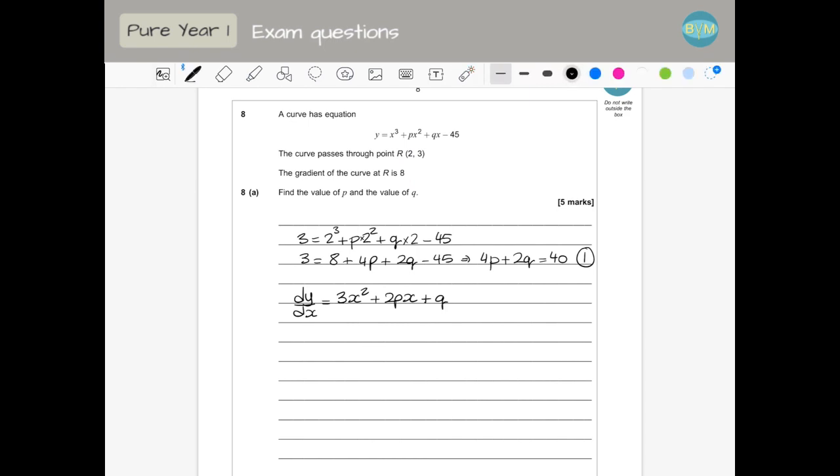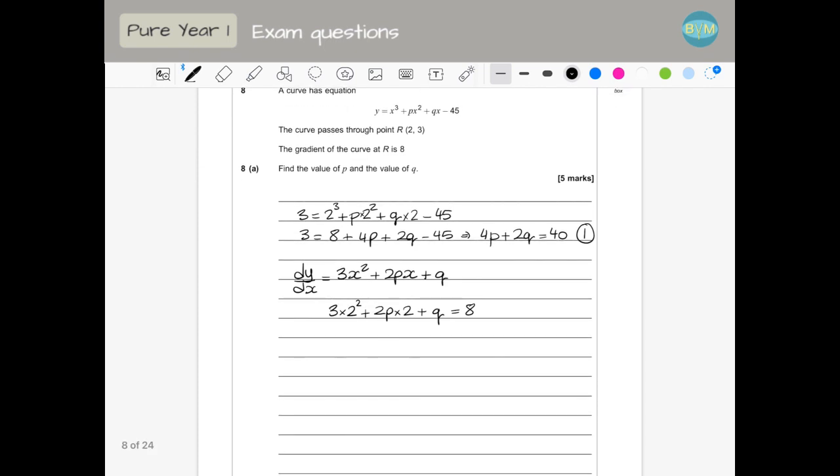Substituting x by 2, we have 12 plus 4p plus q is 8. So 4p plus q equals 8 minus 12, and this is my equation number 2.